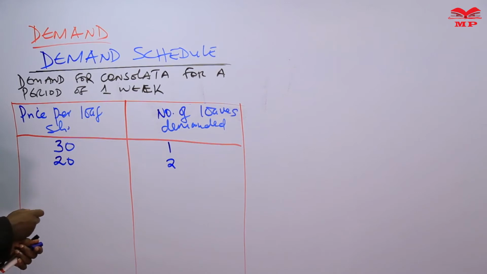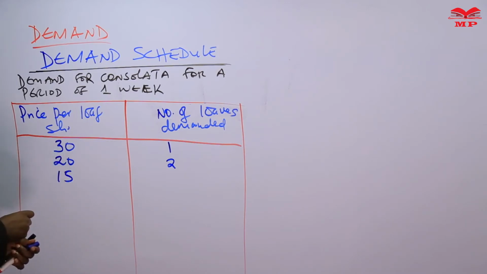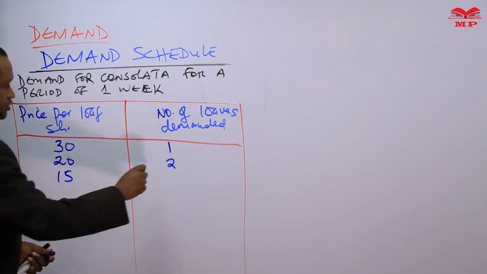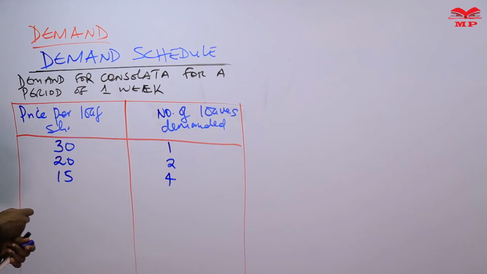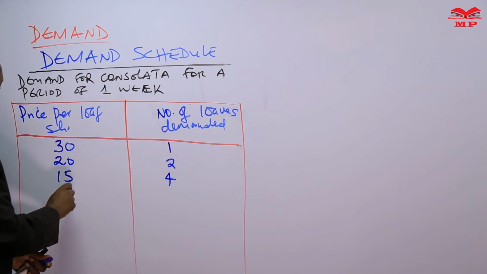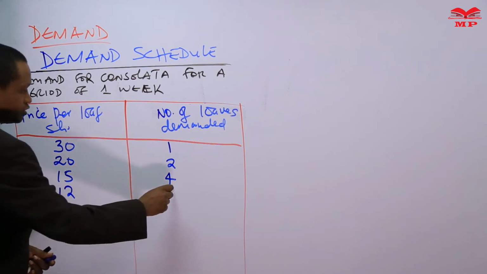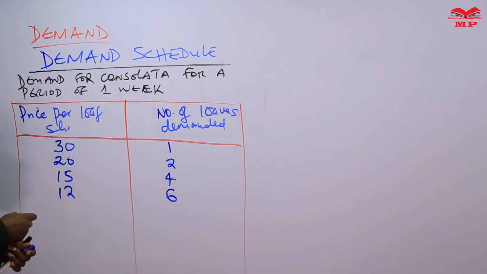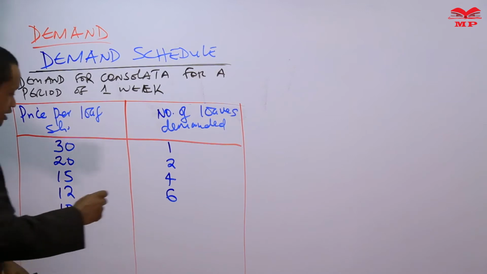And at 15 shillings, that is the third day, Consolata bought 4 loaves of bread. On the 4th day, the price went down to 12 shillings. She bought 6 loaves of bread. The following day, at 10 shillings, Consolata bought 8 loaves.